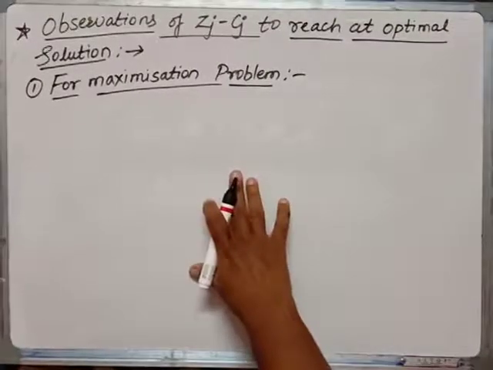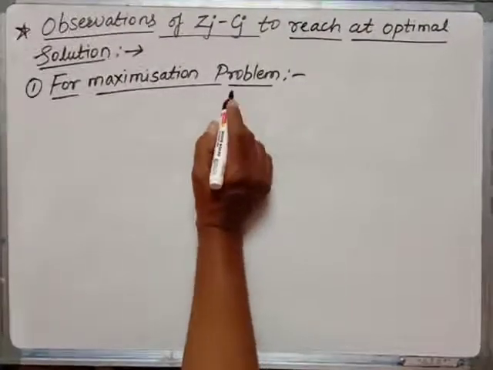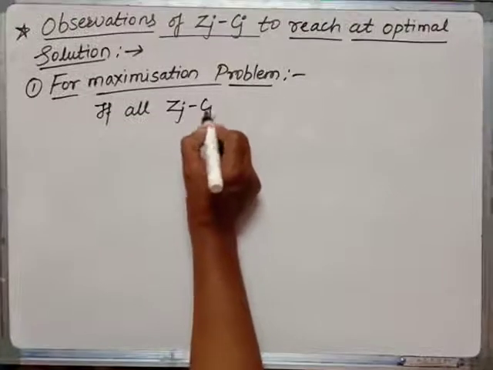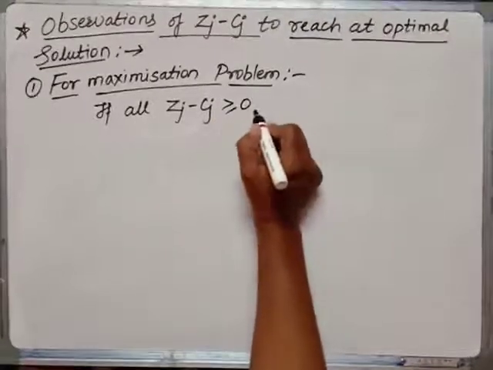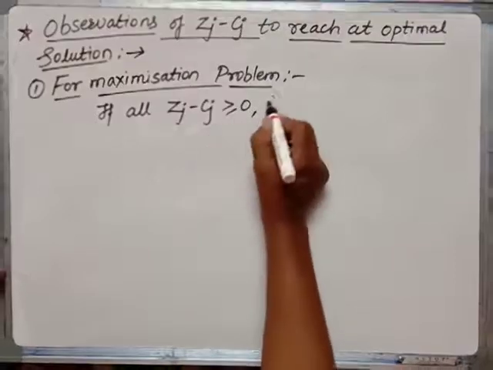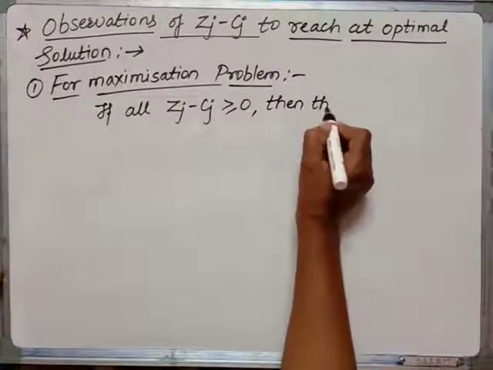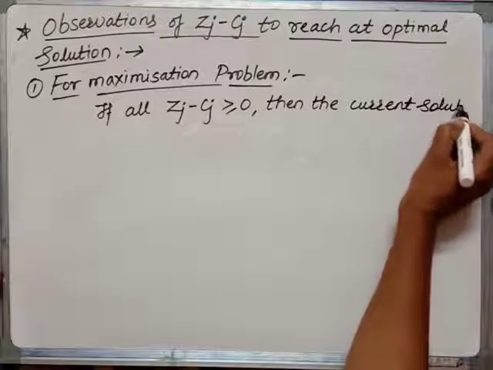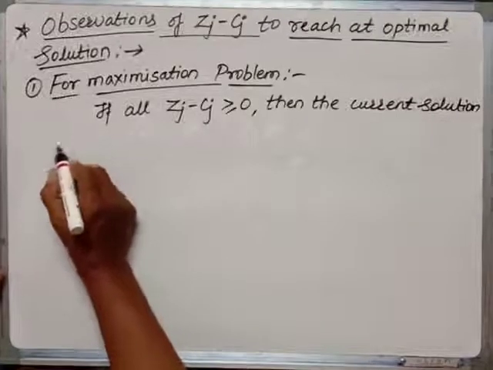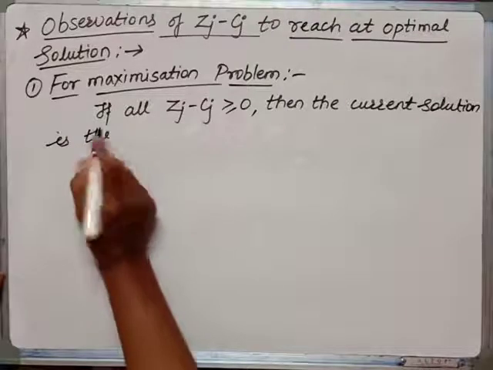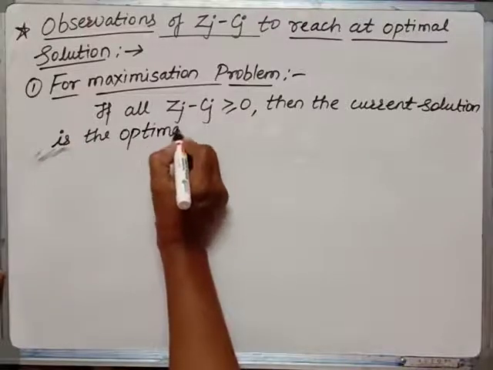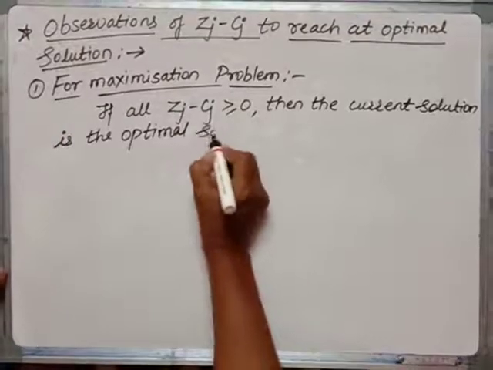For a maximization problem, if all Zj minus Cj are greater than or equal to 0, all are either 0 or strictly greater than 0, then the current solution is the optimal solution to that LPP.